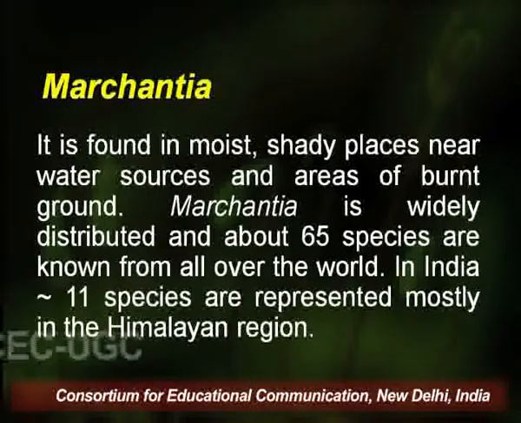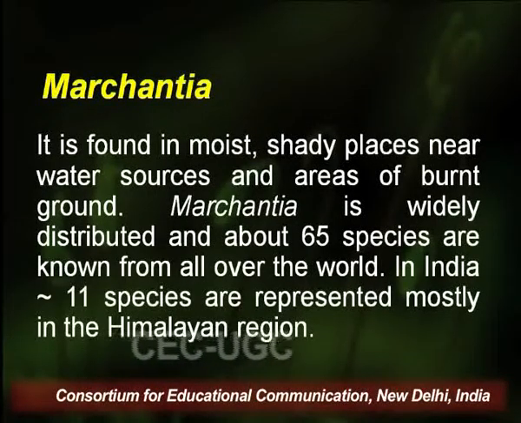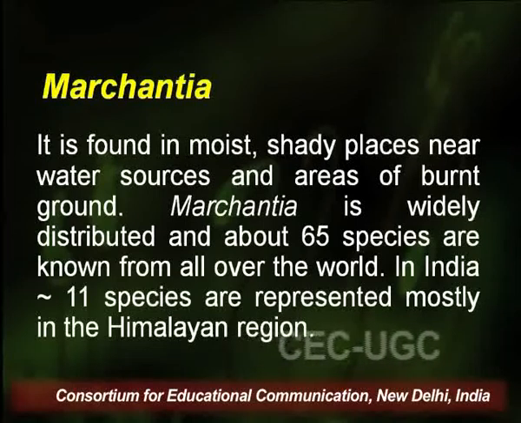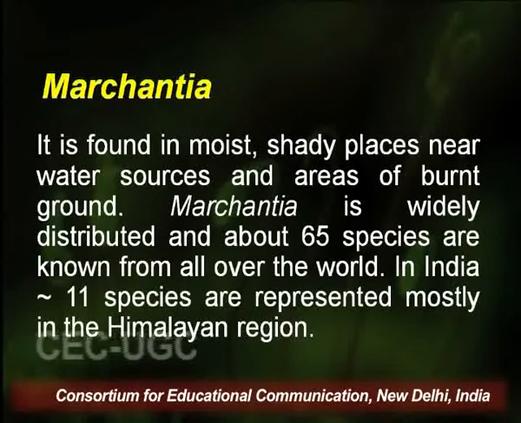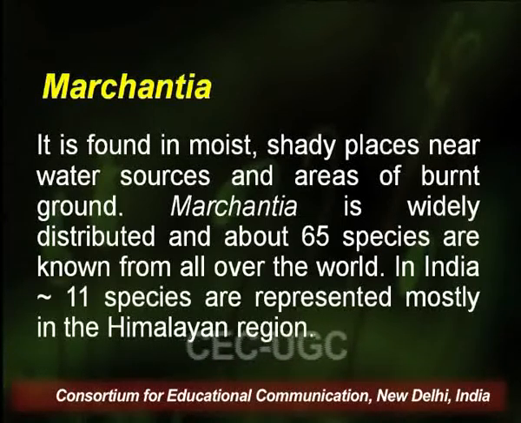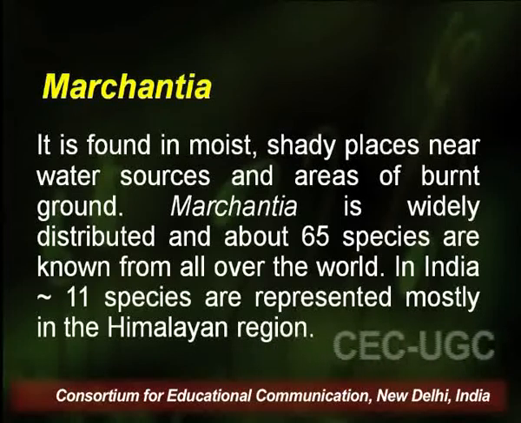Marchantia is found in moist, shady places near water sources and areas of burnt ground. Marchantia is widely distributed, and about 65 species are known from all over the world.